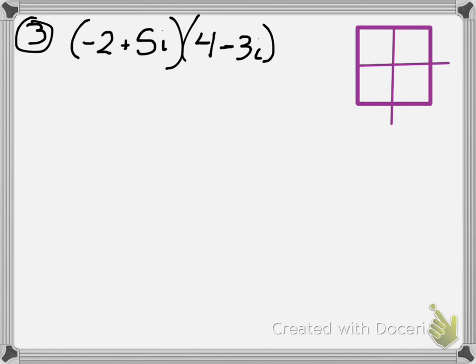So the other operation we have is multiplication. You can use FOIL, or we can use the box to multiply in. So when we're factoring, we take and go out. When we're multiplying, we go inside. FOIL works just the same.